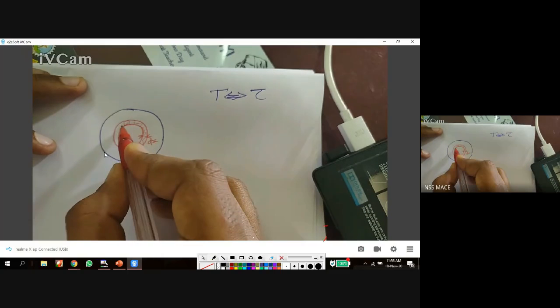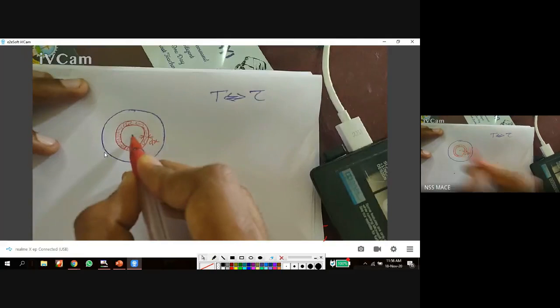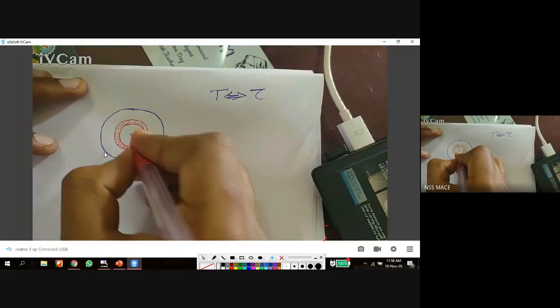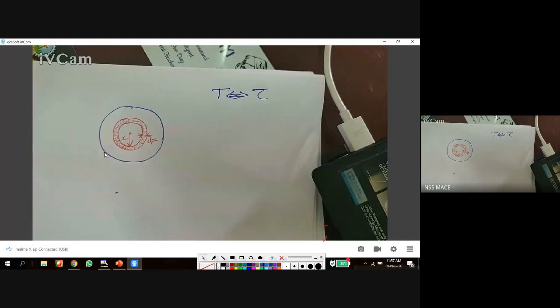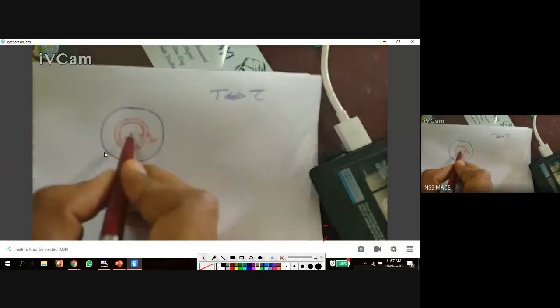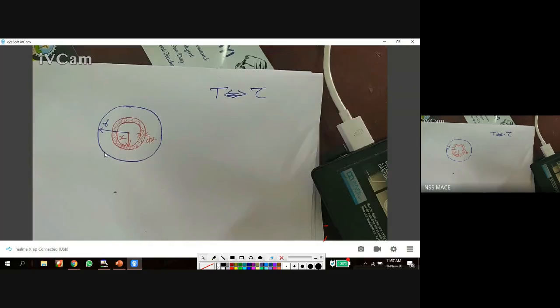This is not a hollow shaft, this is a solid shaft, and in that solid shaft, I take an elemental area with thickness dx at a distance x from the center. The radius of the shaft, the cross section radius, is equal to r. This is not the distance to the element, it is the radius of the shaft, r.